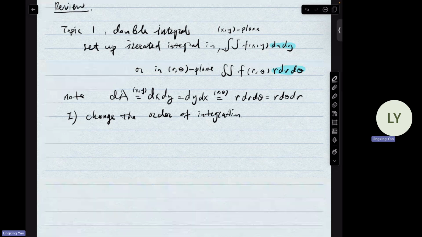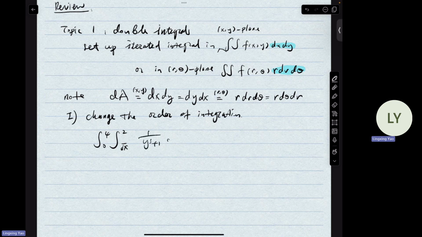For example, I think we discussed this in class. The limits are 0, 4, and square root of x over 2. I can't remember exactly, but maybe this is the one. Evaluate by changing the order of integration.